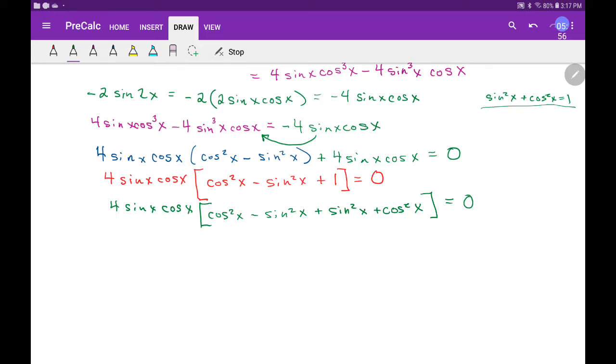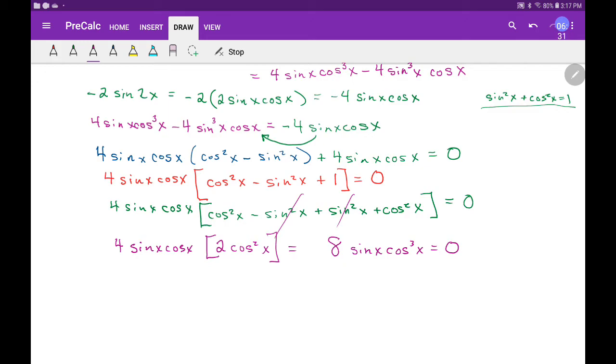Okay. And now at this point, the sine squared x terms are going to cancel. And I'm going to have 4 sine x cosine x times 2 of these cosine squared x's. And when I multiply it all together, I'm going to have 8 sine x cosine to the third x is equal to 0.